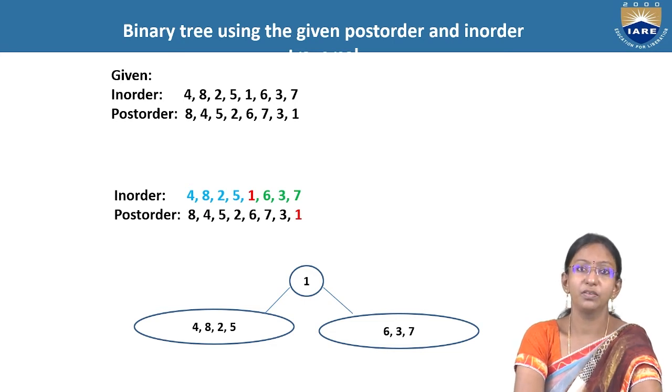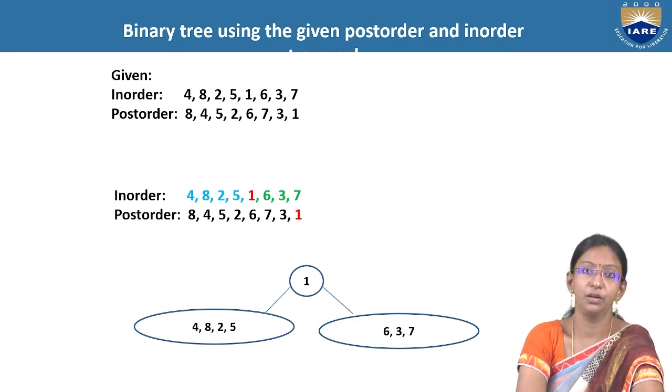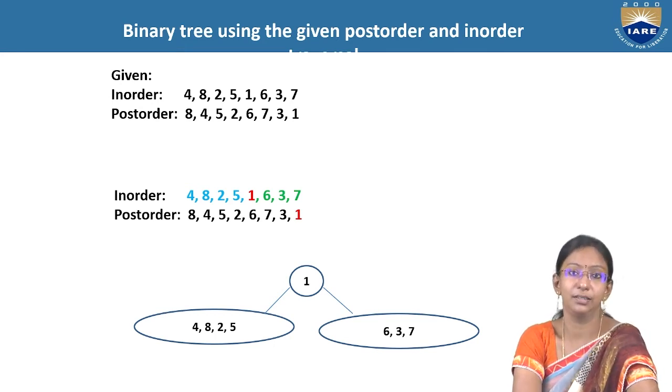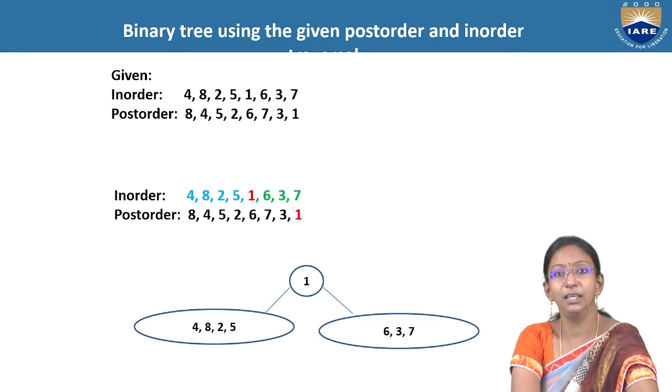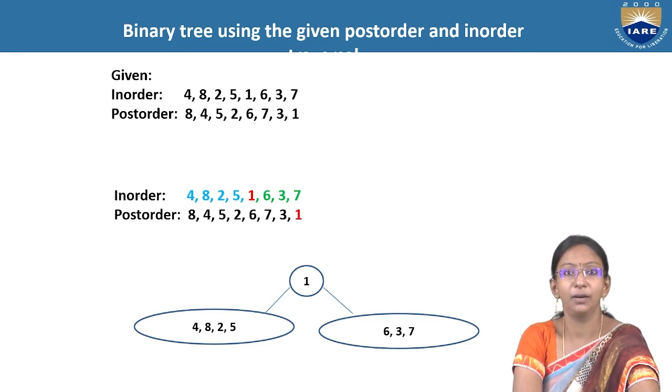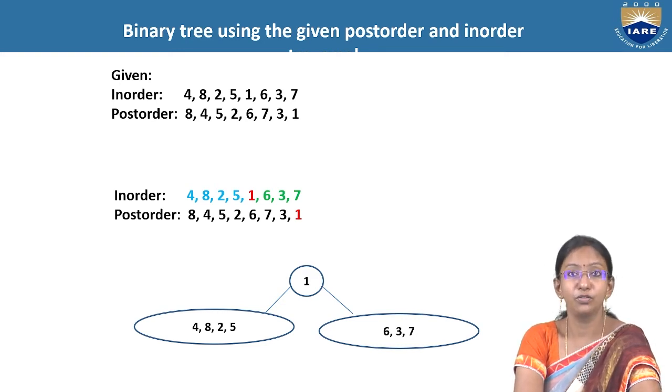The same process, but in the reverse order. In the post-order, you can clearly see that the root node will be printed last, right? So take the last element in your post-order and consider it as root. Check where it is in in-order, and left children will be on the left side and right children will be on the right side.